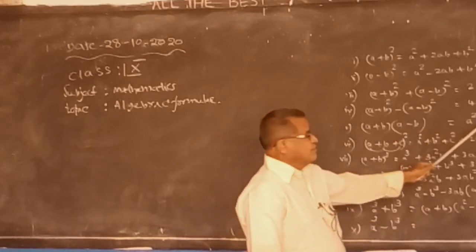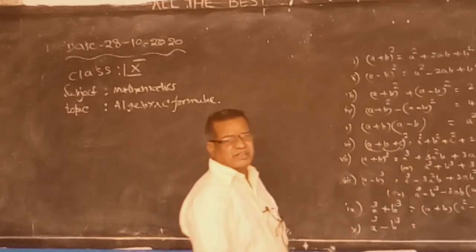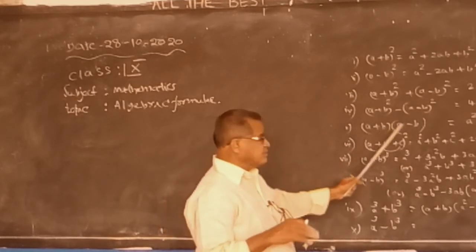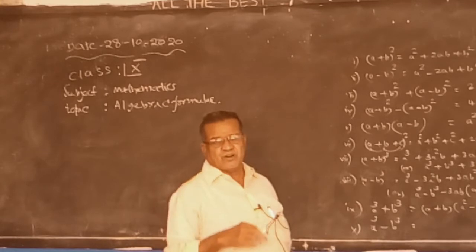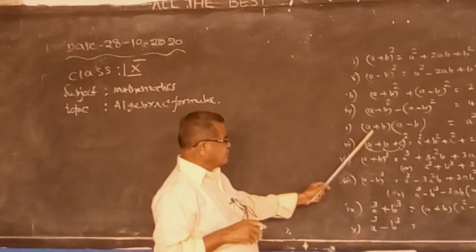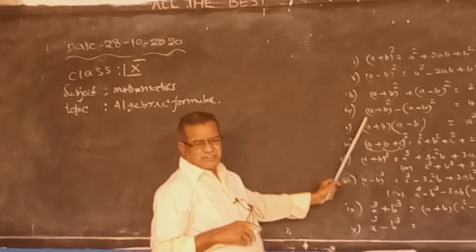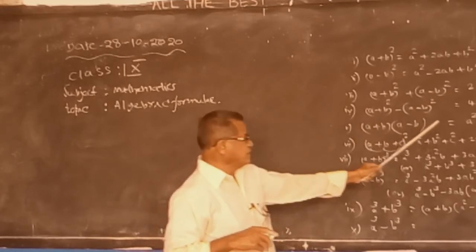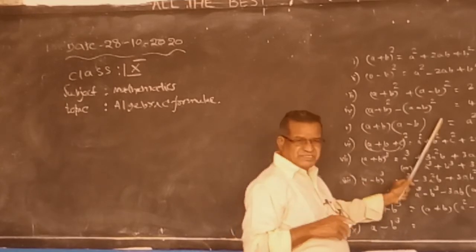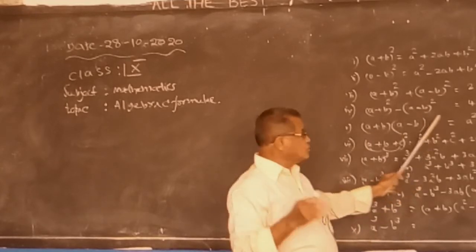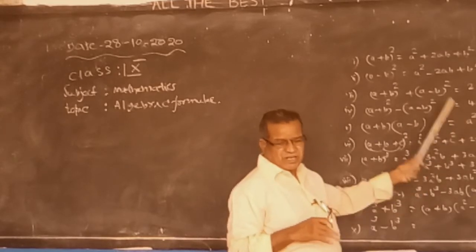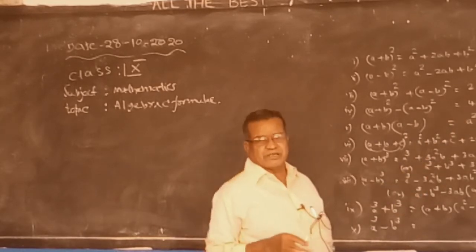These 2 terms are left. We say this is a formula. It is not sent by any government or any person. Actually, this is true. When we multiply these two, we get these two only. In the product, we get 4 terms. Among the 4 terms, 2 terms are cancelled and remaining terms are left. We say this is the formula.